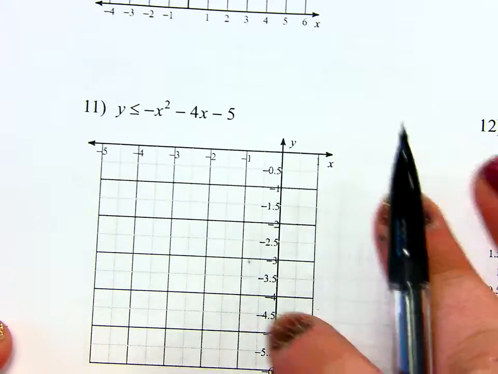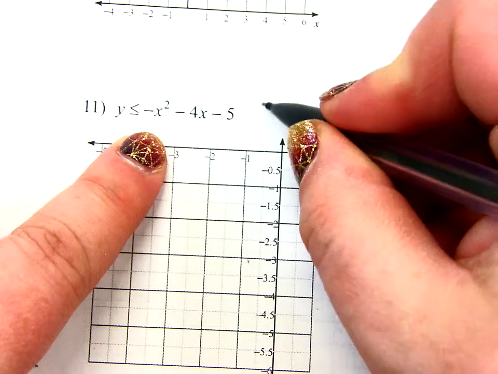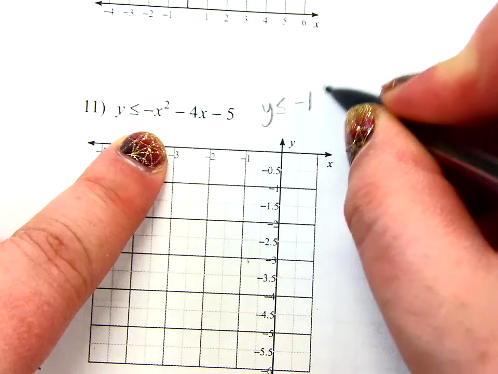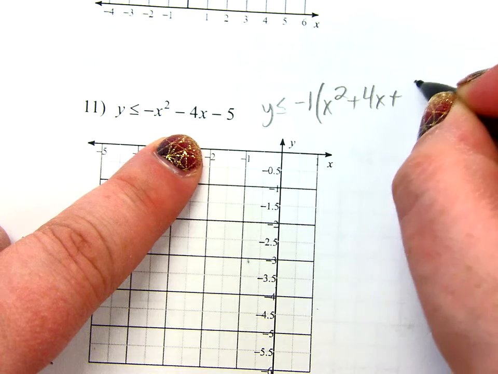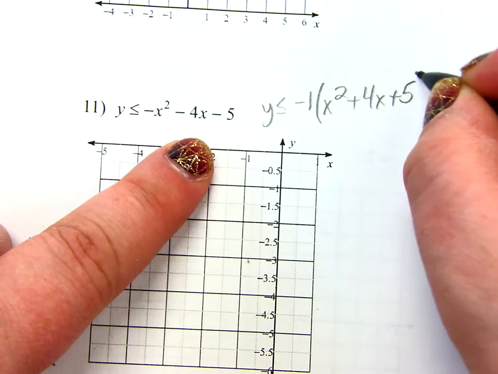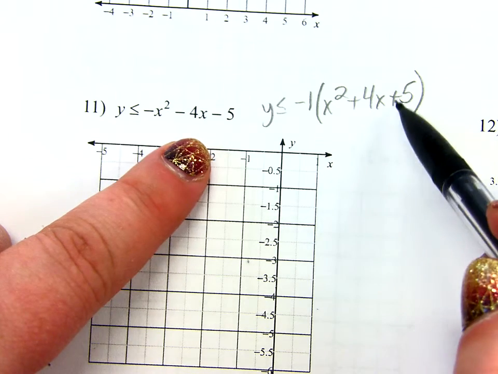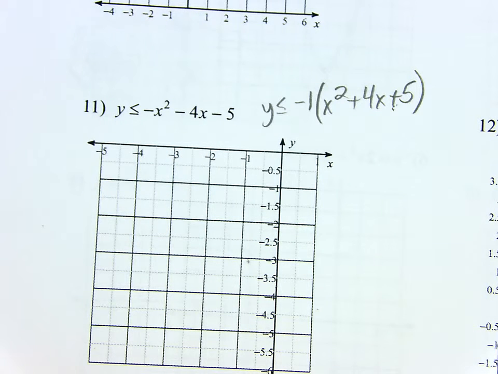But if I look at 11, I think 11 I can factor. I would first factor out a negative 1. So you'd have x squared plus 4x plus 5. Oh, this one doesn't either. That would have to be a negative 5. Dang, I thought that it would. So those both be a negative b over 2a.